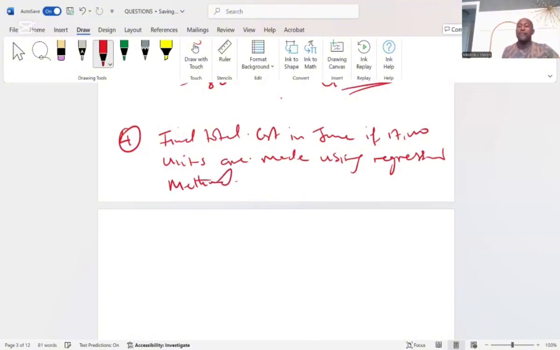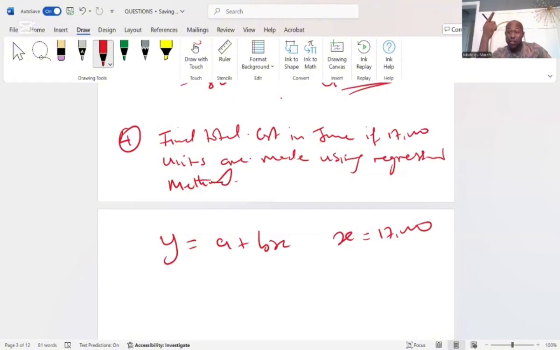Remember the formula for regression analysis: y is equal to a plus bx. In this question, x is equal to 17,000.